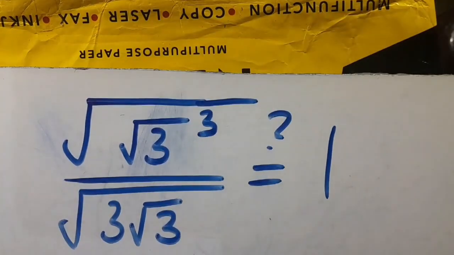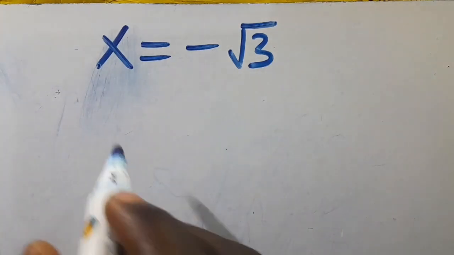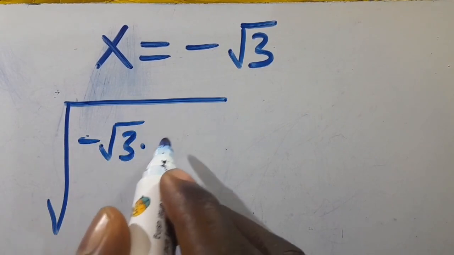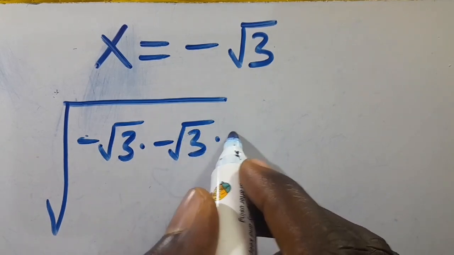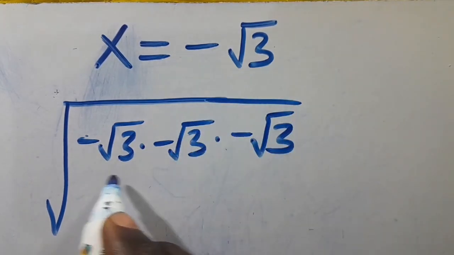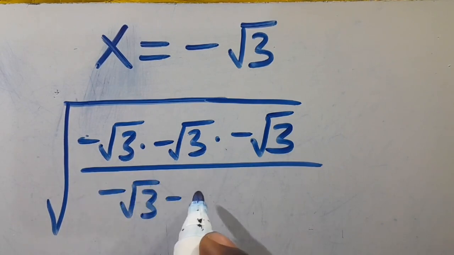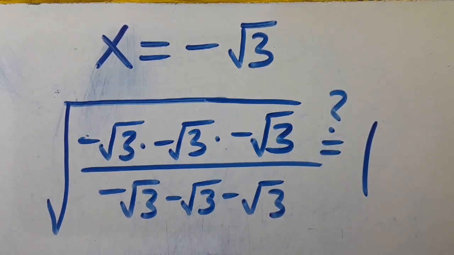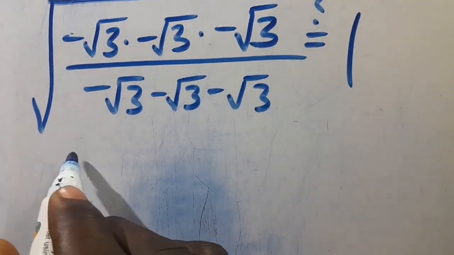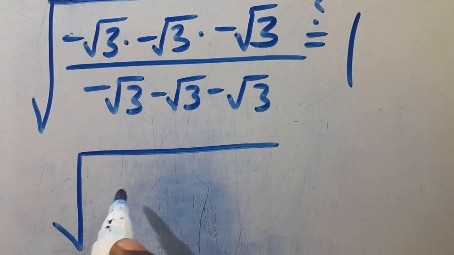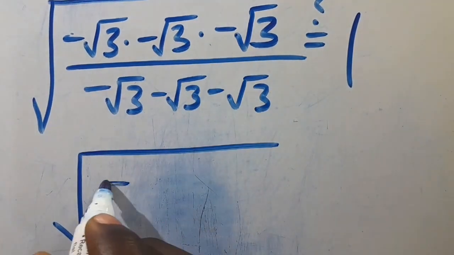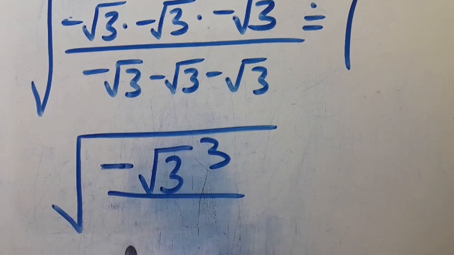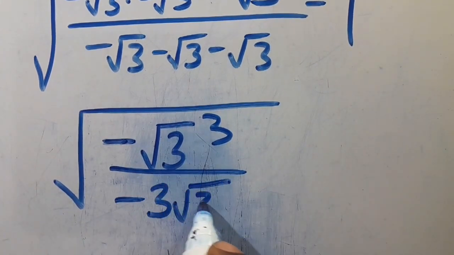Then let's also check when x equals minus root 3. Definitely here we will have minus root 3 multiplied by minus root 3 multiplied by minus root 3 divided by minus root 3 minus root 3 minus root 3, and it should give us 1. Minus times minus times minus will give us minus, so here will be root 3 to the power of 3 divided by minus 3 root 3.